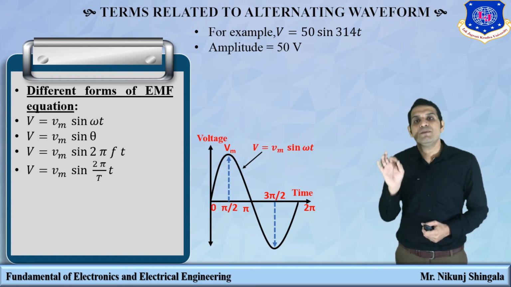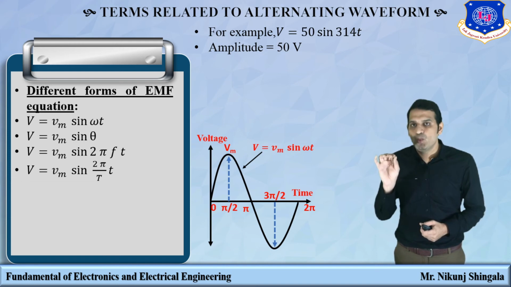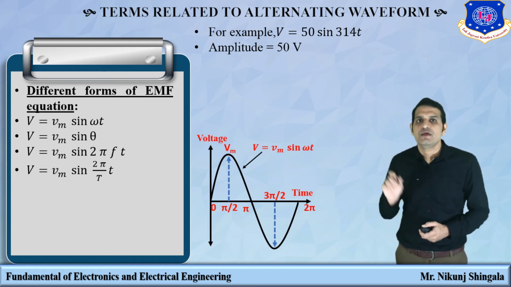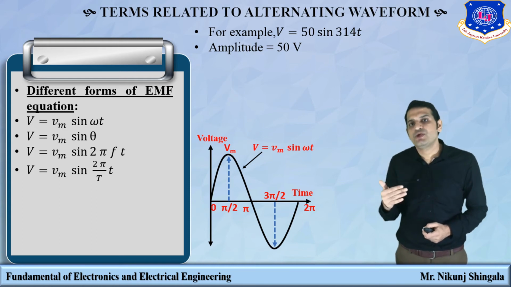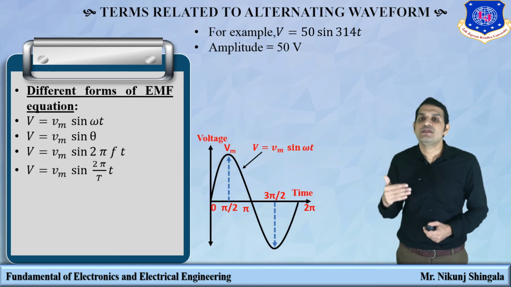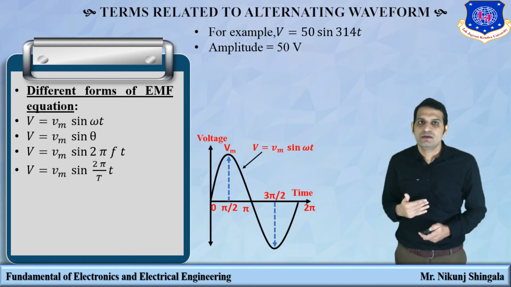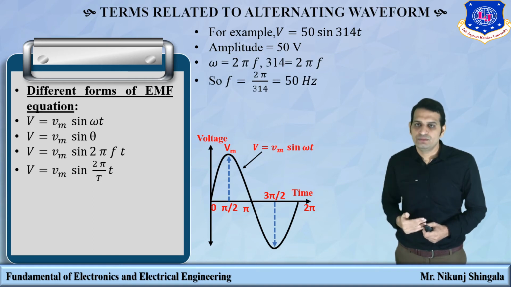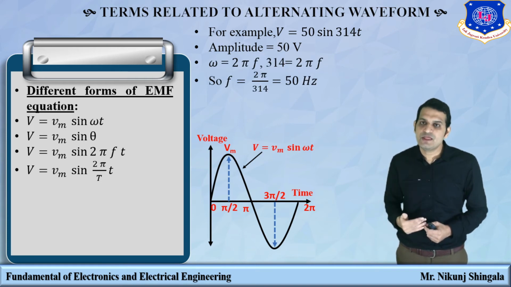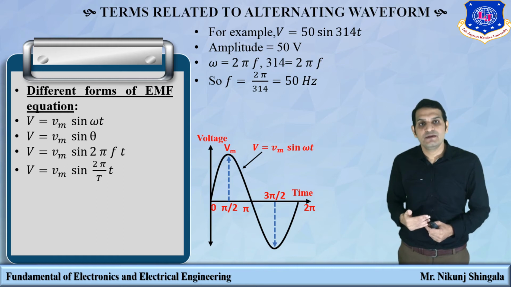In this example you have been asked two things: to determine voltage and frequency. So amplitude is 50 volt. Now comparing this equation with the general equation of alternating voltage, V is equal to Vm sin omega t, we get omega is equal to 314, and omega is the angular frequency, which is measured in radian per second.